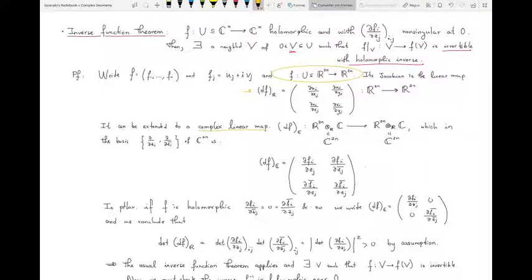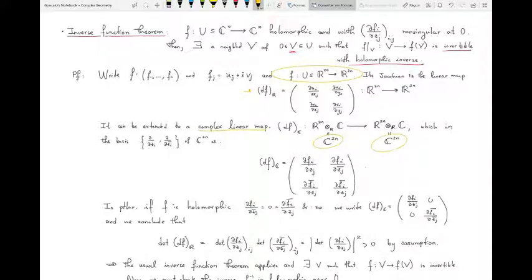And we can write this in another basis of C2n, which is the d/dz_i and d/dz̄_i, which I'll call that basis. And in that basis, the map can be written in this way. Okay, so I'm using that basis both in the C2n of departure and the C2n of arrival.